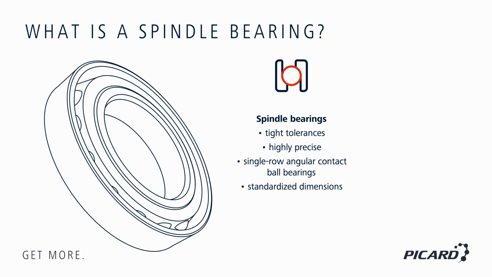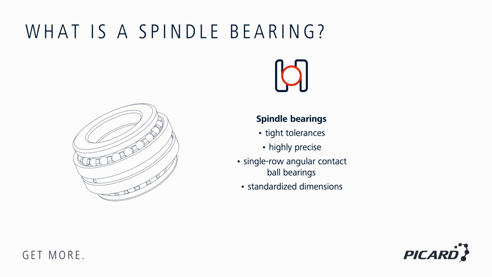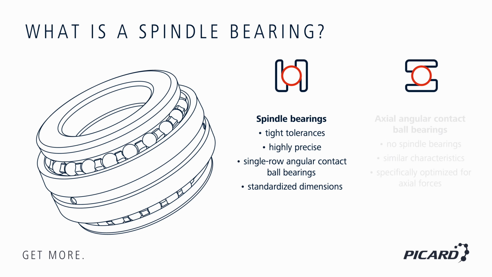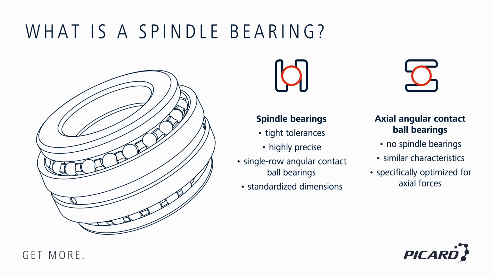It's important to note, every spindle bearing is an angular contact bearing, but not every angular contact bearing is a spindle bearing. Spindle bearings have solid inner and outer rings, standardized dimensions, and ball retainers designed for high precision use. Axial angular contact ball bearings, on the other hand, are optimized for axial loads and don't fall under the category of spindle bearings, even though their load direction is also angular.